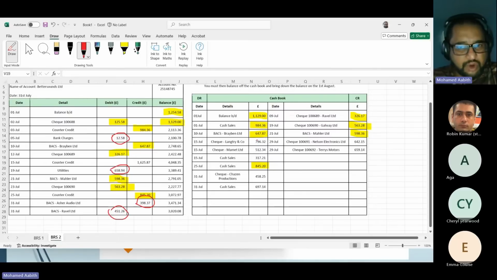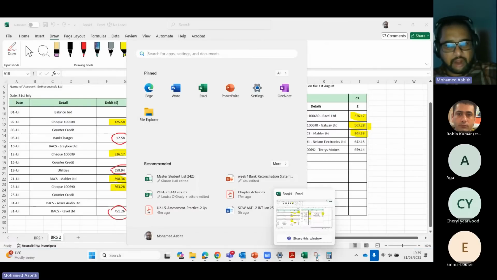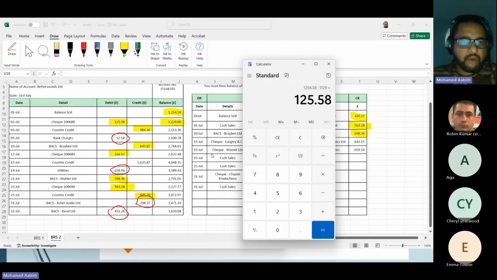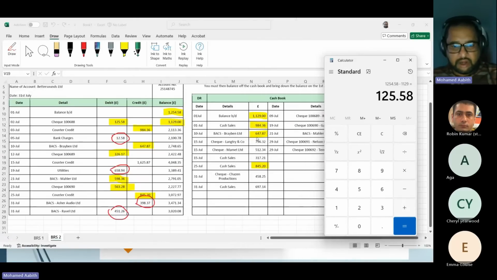But on the cash book, can you see these three numbers? So I'm going to go back quickly to my calculator and check what those three numbers add up to: 796 pounds 32 pence plus 512 pounds 34 pence plus 317 pounds 21 pence.